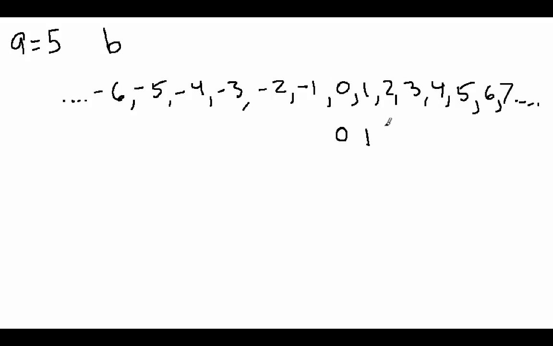A goes into 2 0 times with a remainder of 2. Goes into 3 0 times with a remainder of 3. Goes into 4 0 times with a remainder of 4. Now it starts to get a little bit interesting. A goes into 5 1 time with a remainder of 0. And I think you can see that as I continue, the pattern starts to repeat.